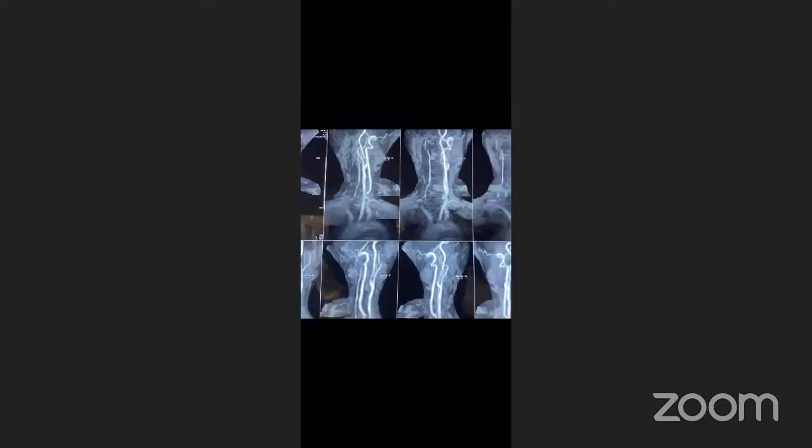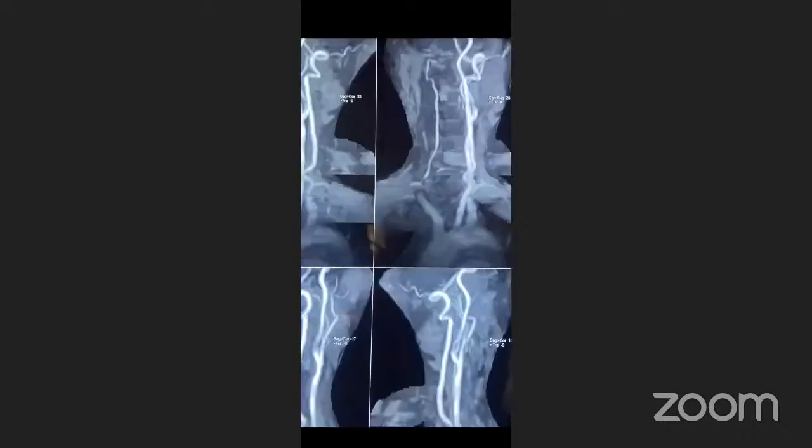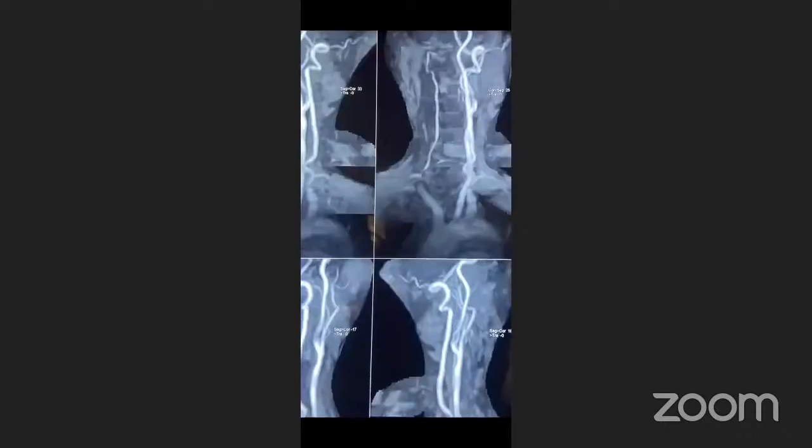So now the question is what we should think in this patient. Is it bilateral, like the right ICA is totally occluded and the left is severely stenosed? That is the culprit. Second, the subclavian looks okay, but there is some stenosis which is creating a problem, but the right vertebral is hypoplastic.